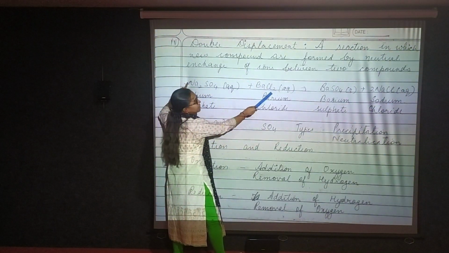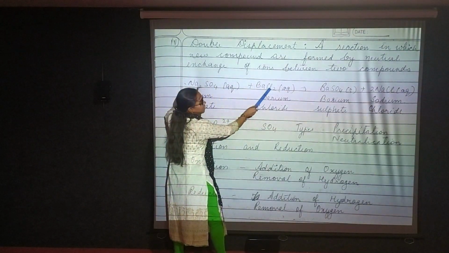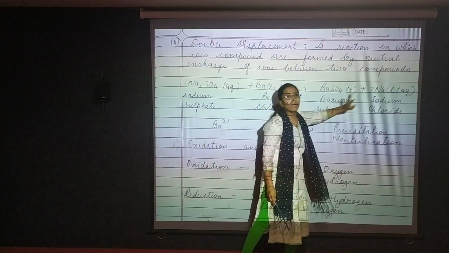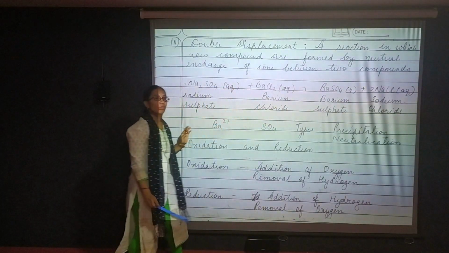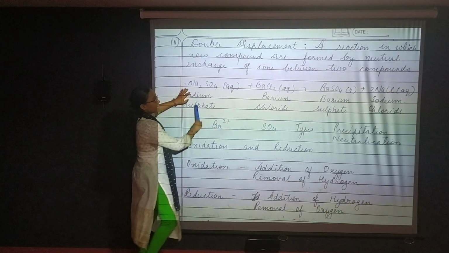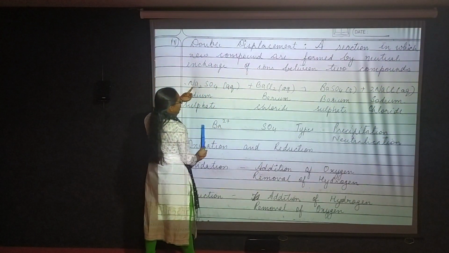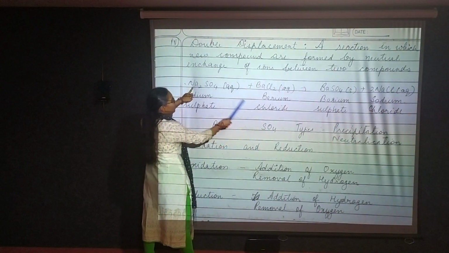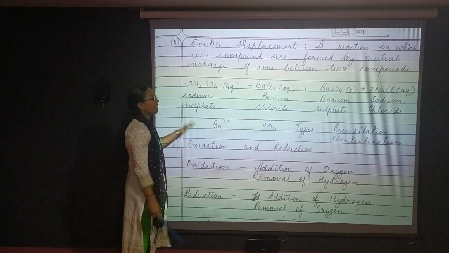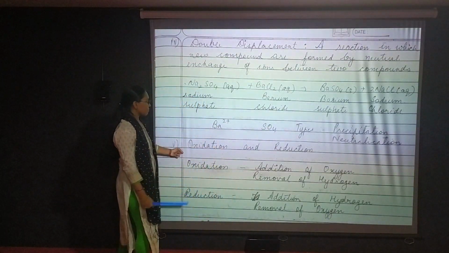Na and Cl will combine together and form NaCl, that is sodium chloride. So in this reaction there is exchange of ions: Ba plus 2 and SO4 minus have exchanged their places and formed barium sulfate and sodium chloride.